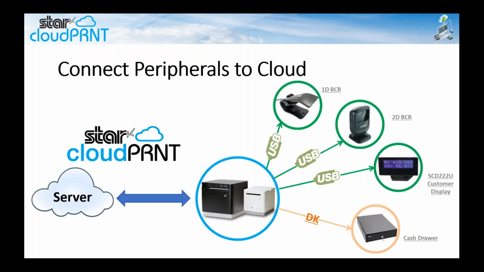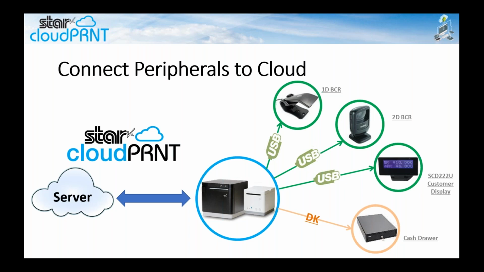On all of these models that I mentioned with CloudPRNT, you are also able to drive some peripherals. We support a 1D barcode scanner from Star, a Zebra 1D and 2D barcode scanner, a customer-facing price display, which is a legal requirement in places like California.